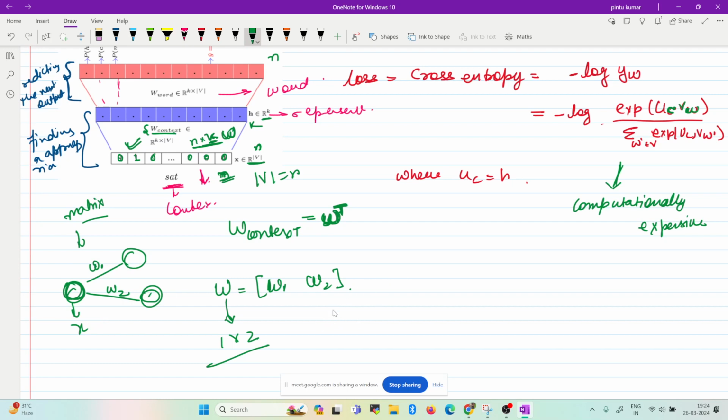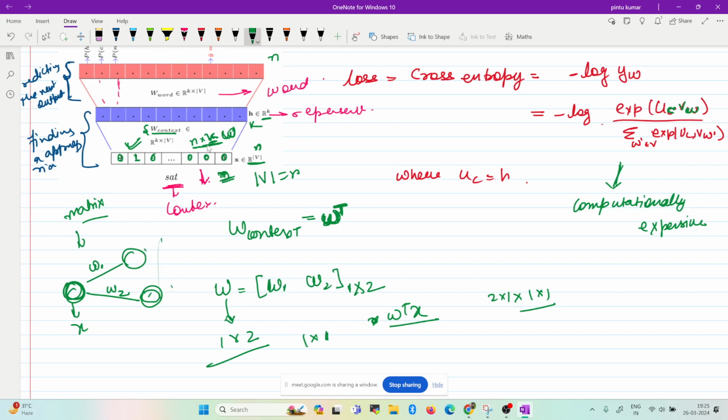So this is 1 cross 2, and your x is 1 cross 1. So you can do W transpose x to obtain your output. Then your W would be 2 cross 1, and you can multiply a 1 cross 1 vector, and then you will have two outputs.